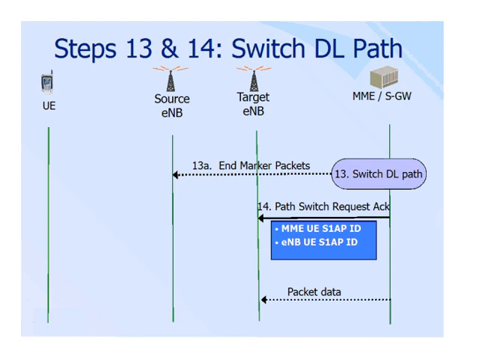The MME will tell the source eNode B that I will no longer send you any packets for that UE because we are switching the path.